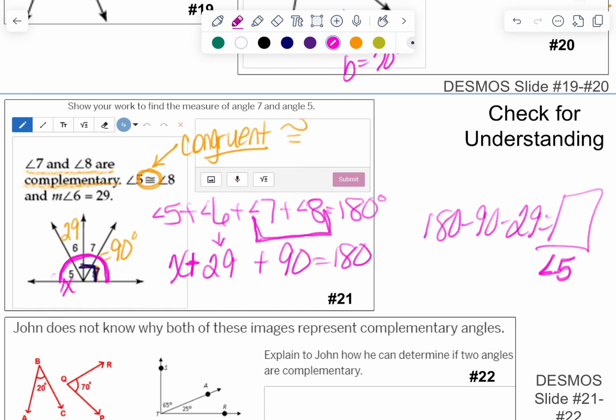So angle 5, 180 minus 90 minus 29 is 61. So this one right here is 61 degrees.